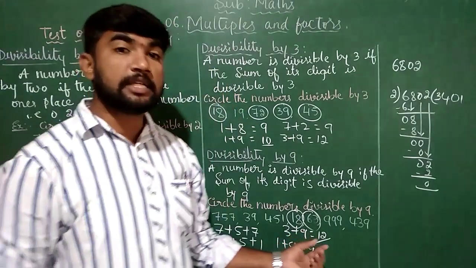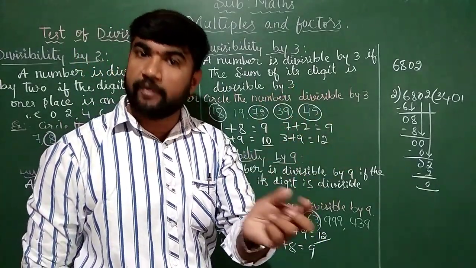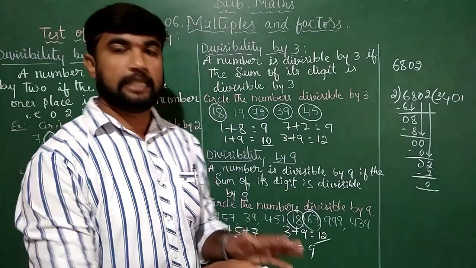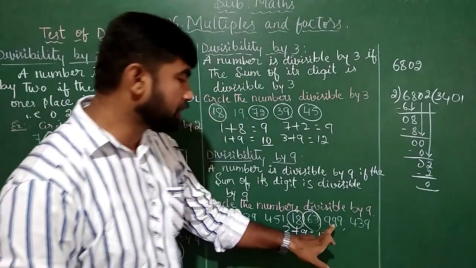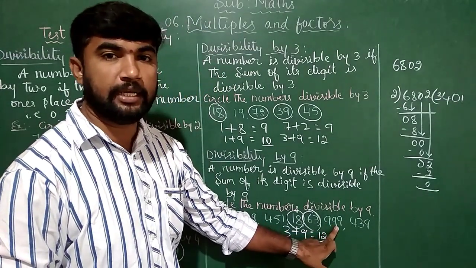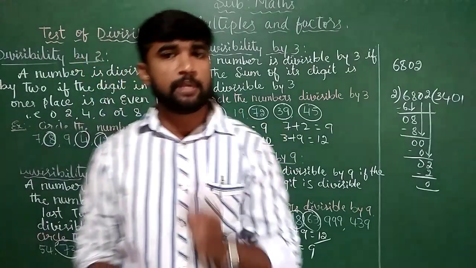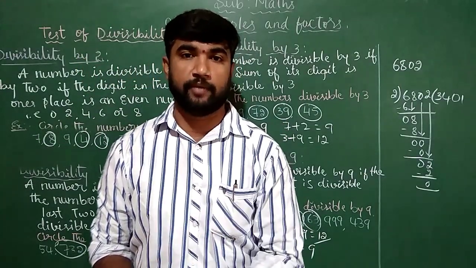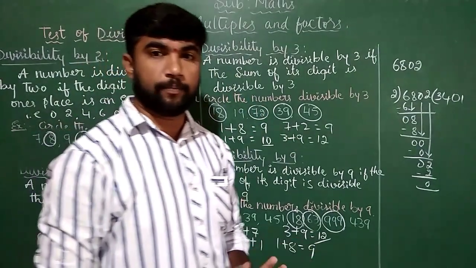We check the sum of its digits, and that sum is exactly divisible by 9, so 63 is also divisible by 9. Next, 999: 9 plus 9 is 18, 18 plus 9 is 27. 27 is exactly divisible by 9. Yes, 9 threes are 27. So 999 is also divisible by 9.